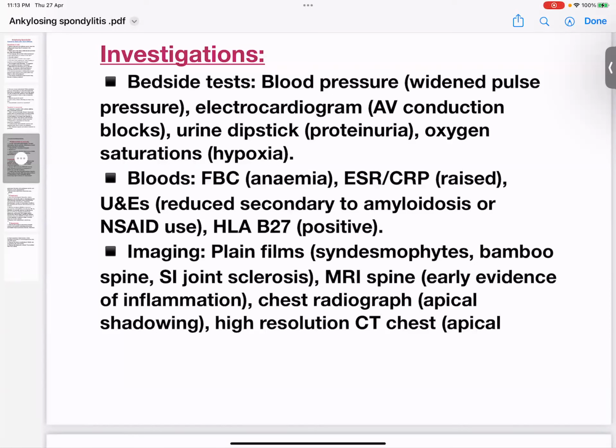Here, HLA-B27 will be positive. The characteristic bamboo spine, with only a plain film or plain X-ray, this is diagnosed.